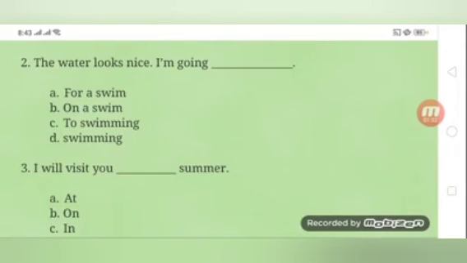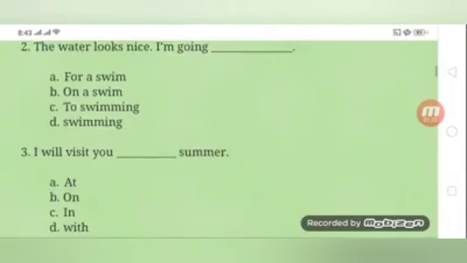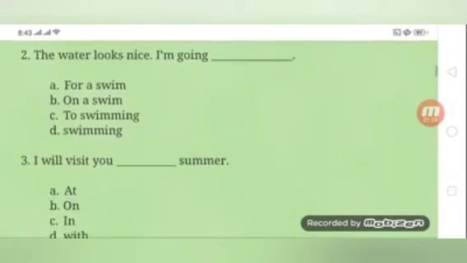So say in here, going is a verb form of go. In the present participle form of go, so you would say I'm going swimming. Okay, that's it. Next, remember that if a verb form go followed by an activity, the activity must always be in ing form. So the answer here is letter D.